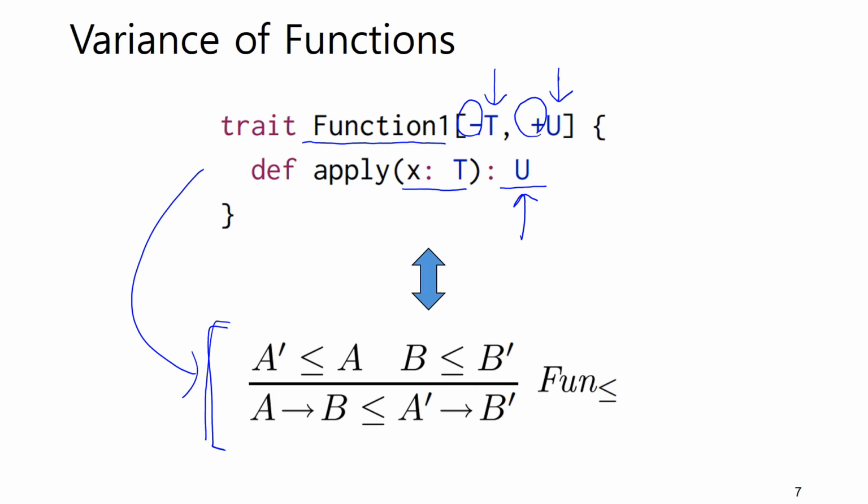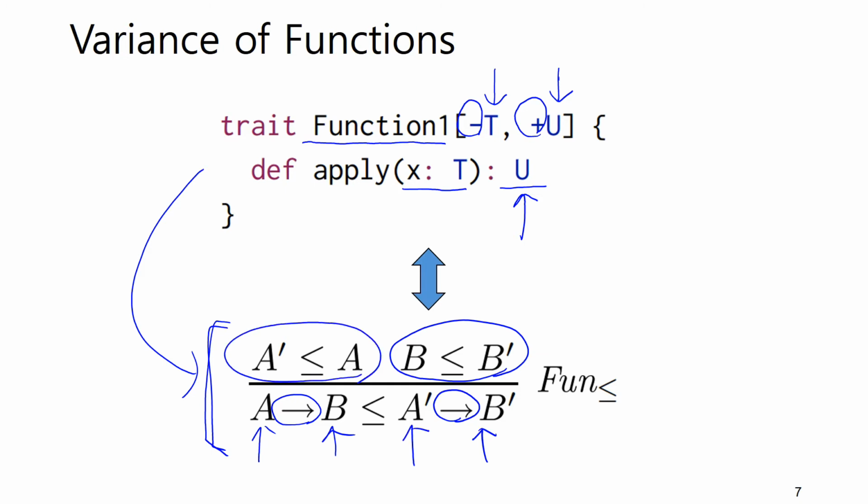So in this subtyping rule, function types are covariant in the return types, but contravariant in the argument types. And this definition of trait Function1 captures precisely the same subtyping relation in function types, covariant in return types, but contravariant in argument types.